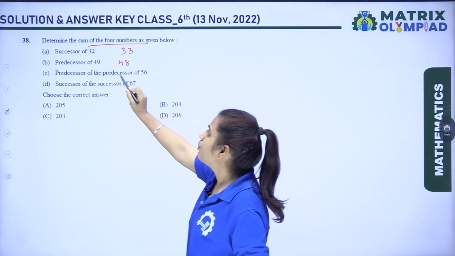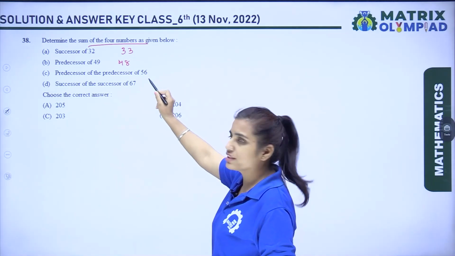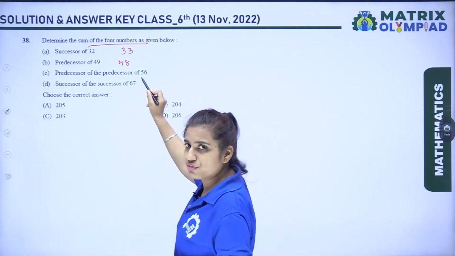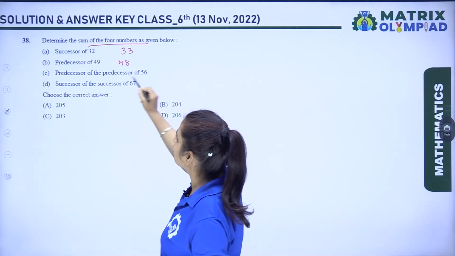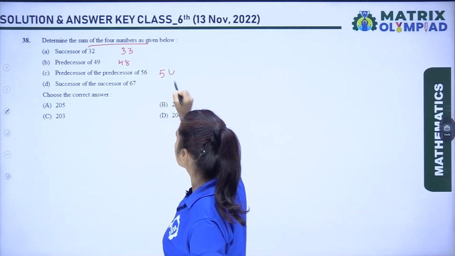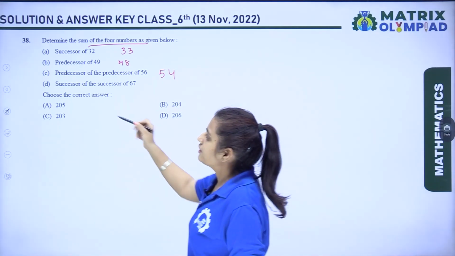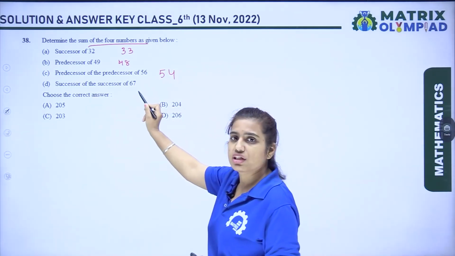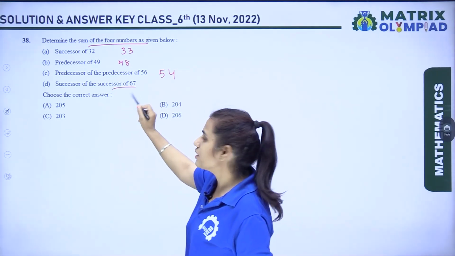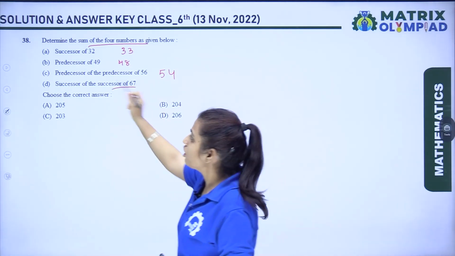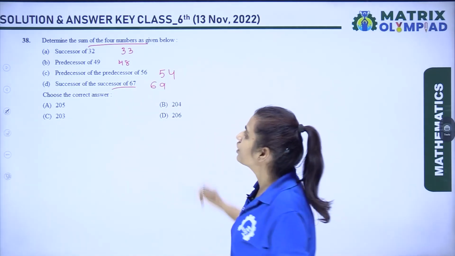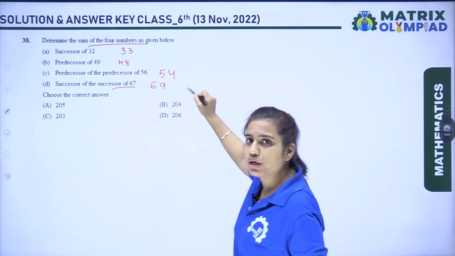Predecessor of the predecessor of 56. It means predecessor of 56 is 55 and predecessor of 55 is 54. Next is successor of the successor of 67. Now, successor of 67 is 68 and successor of 68 is 69, and we have to determine the sum of these 4 numbers.